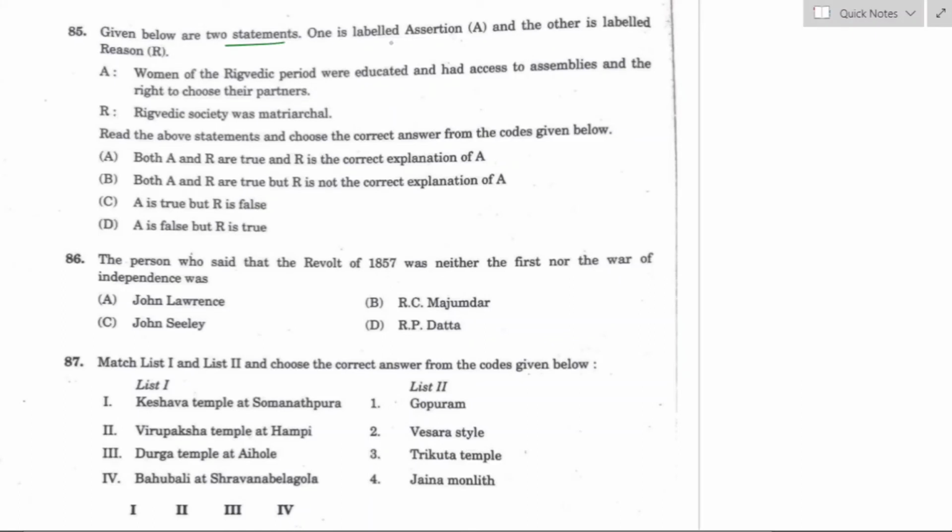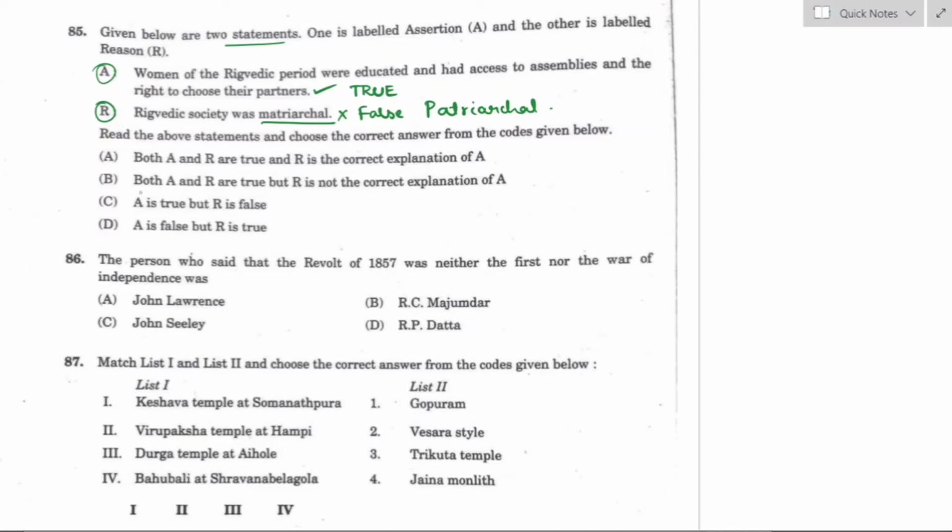Question number 85. Given below are two statements, one labeled as assertion and the other labeled as reason. Assertion: women of the Rigvedic period were educated and had access to assemblies and the right to choose their partners. This is a true statement. Reason: Rigvedic society was matriarchal. This statement is false because Rigvedic society was patriarchal.